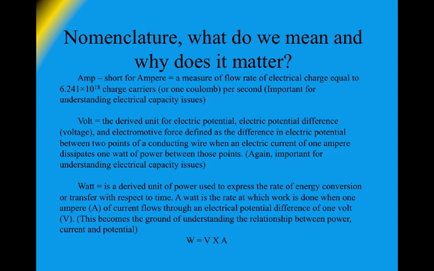This becomes the ground of understanding our relationship between power, which is represented by wattage, and electromotive force, voltage, and current flow, which is amperage. And as we all know, watts are equal to volts times amps.